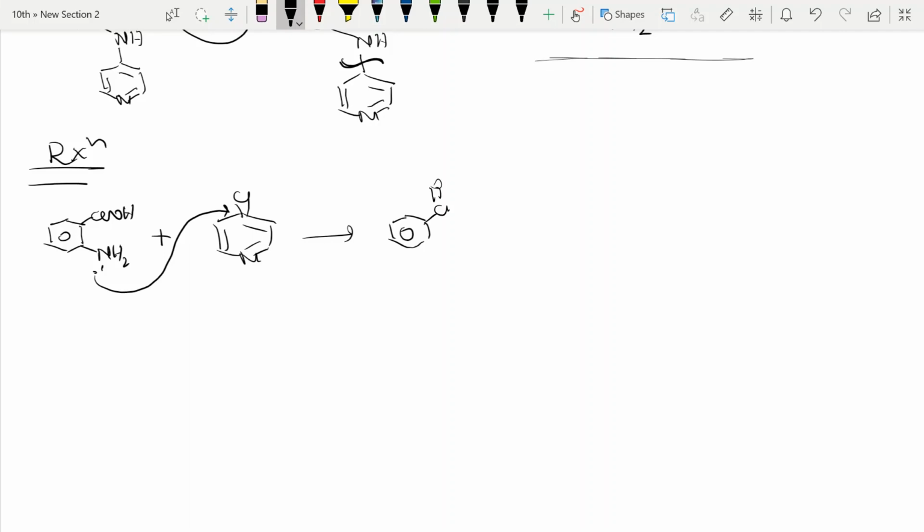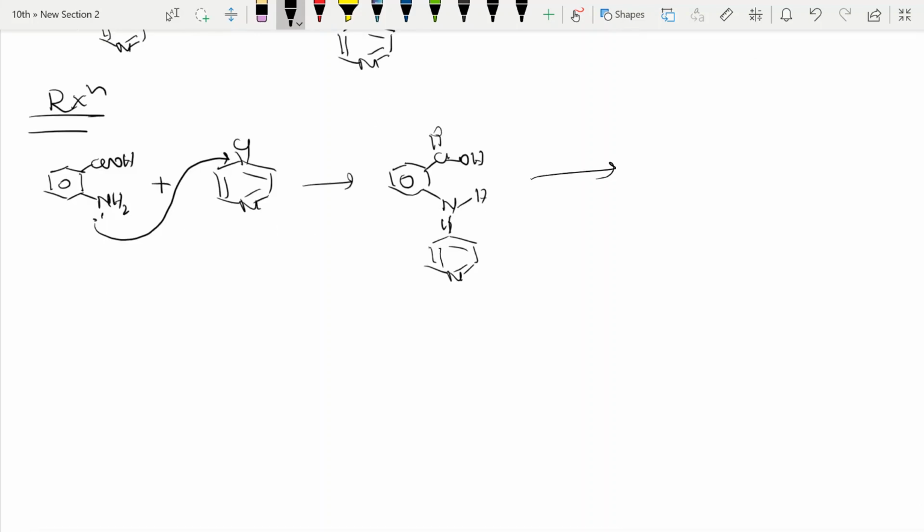COOH, let me write here NH and NH, and here instead of writing H here I can write like this, right? Further what happens, I'll add SOCl2, thionyl chloride, the structure we should know. SOCl2, 1 2 3 4, one lone pair will be there, right?